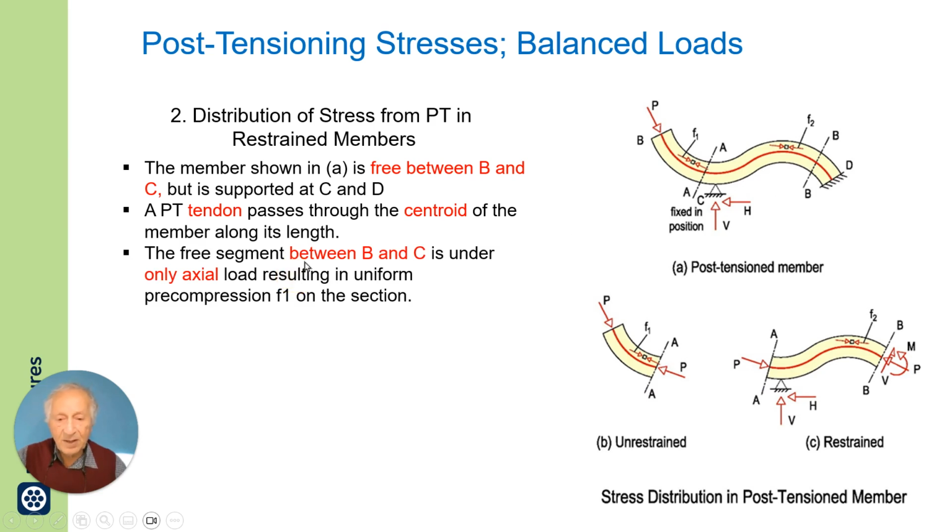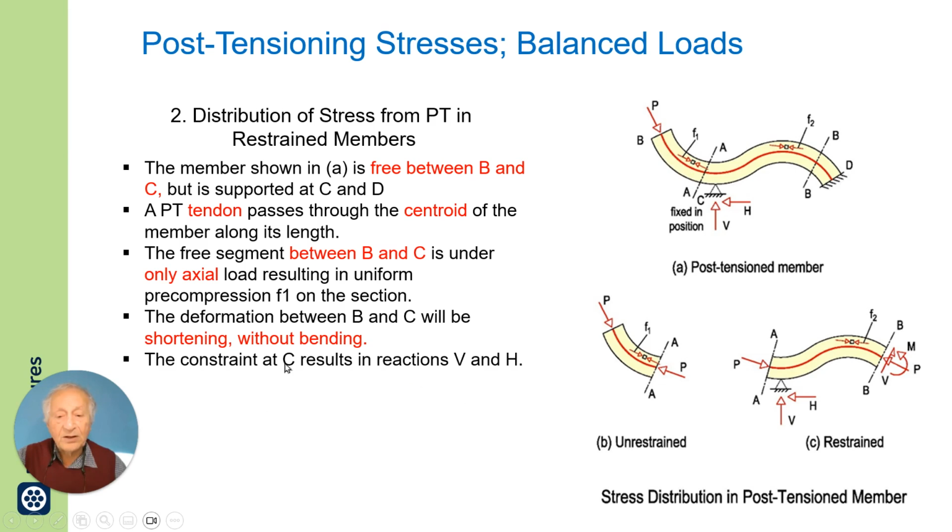The free segment between B and C will be under axial load and uniform precompression. The deformation between B and C, sorry, between here and here, will be shortening without bending. Here it will shorten but will not bend.